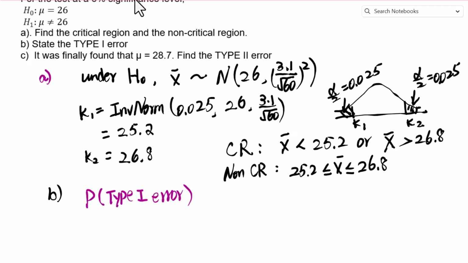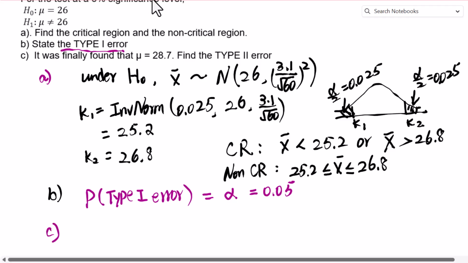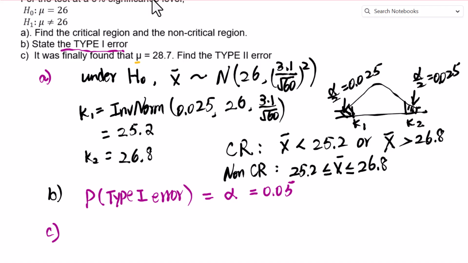B. State the type 1 error. For normal distribution, type 1 error equals alpha equals 0.05.